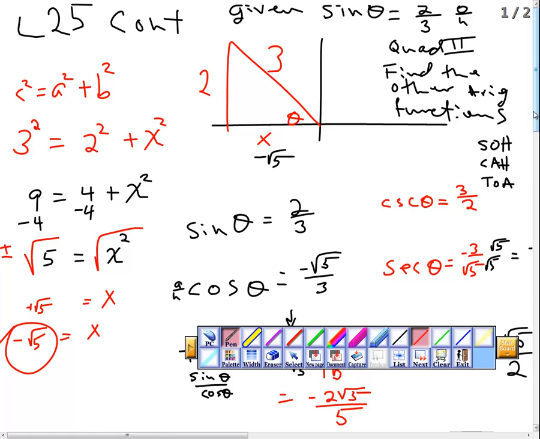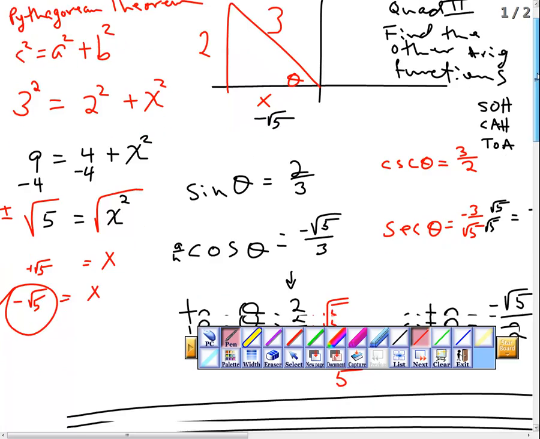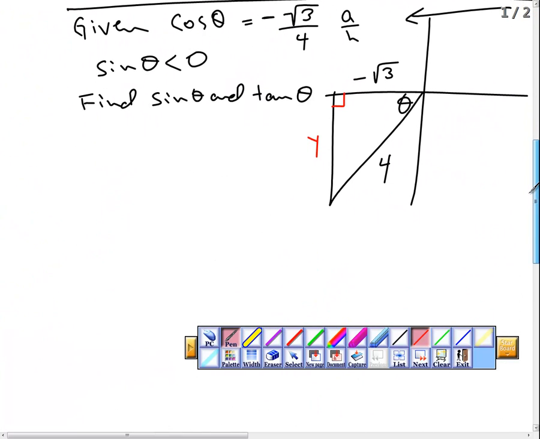Do you know what that's called? It's called the Pythagorean theorem. Okay. So that's what we have to do here: c squared equals a squared plus b squared. Go ahead and find that third side.